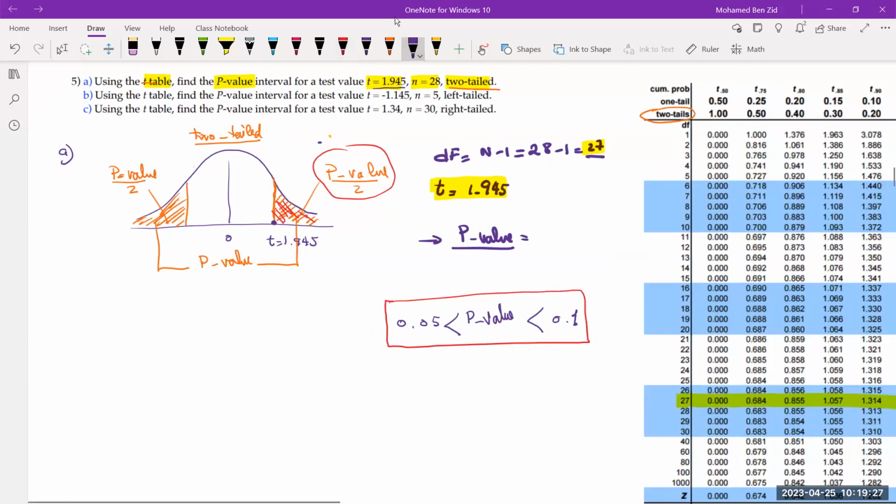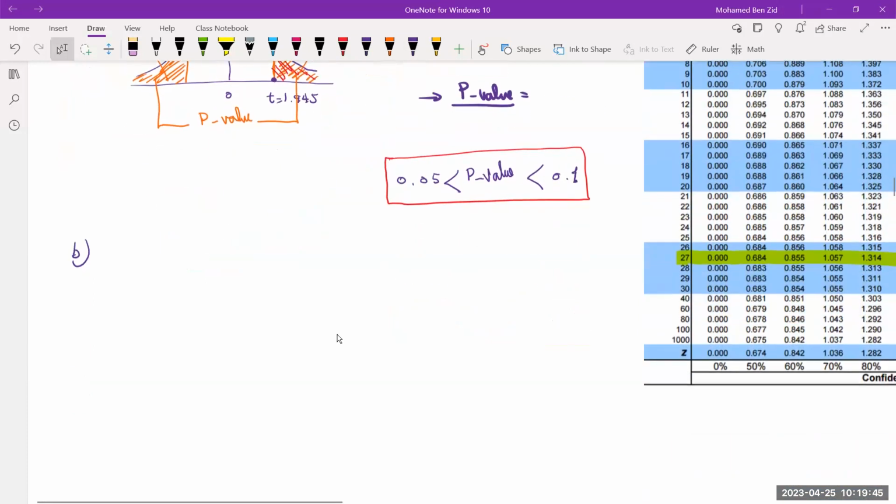Now, for the case of one tail, let's go with B. So B here again, we are using the t-table, the p-value for the test, and it is a left tail. So again, let's graph it first. So 0 is here, and we are saying it is a left tail, right?